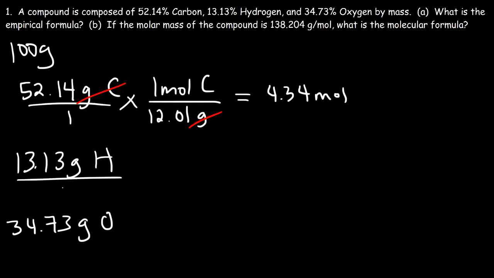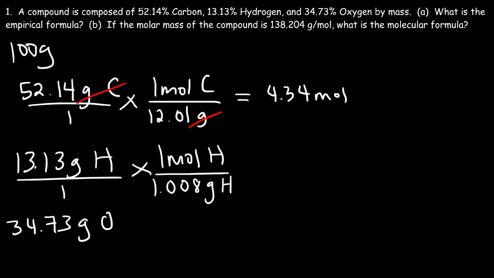Now let's do the same thing for hydrogen. The molar mass of hydrogen is 1.008 grams. So that means 1 mole of hydrogen has a mass of 1.008 grams. So let's take 13.13 and divide it by 1.008.